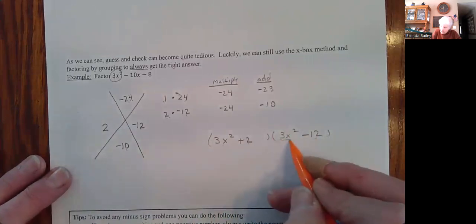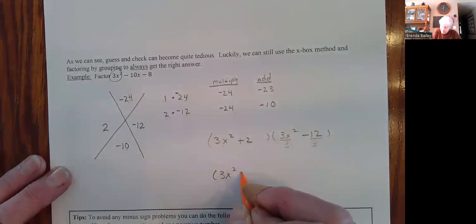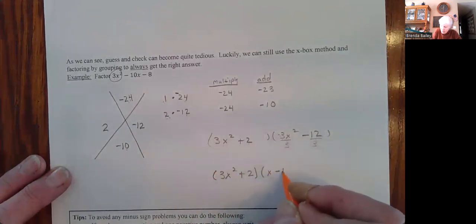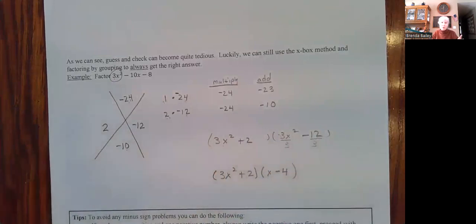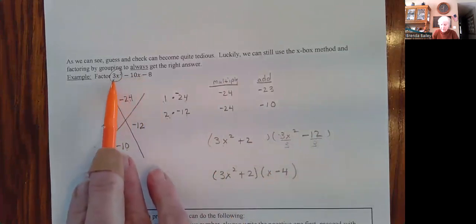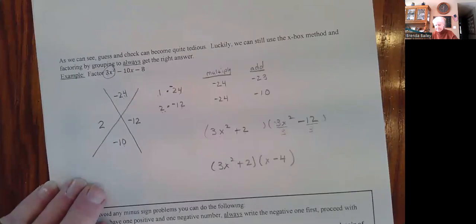So divide them both by 3. The first one's going to stay. This gives us x squared minus 4. Now, you guys, you can multiply these together using your FOIL, and you'll come back to the original. So we've just factored this, broke it into parts in order to work with it using the Xbox method. All righty, perfect.